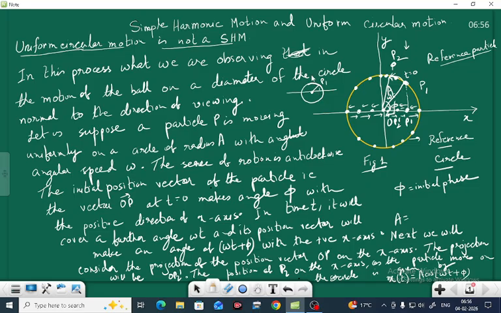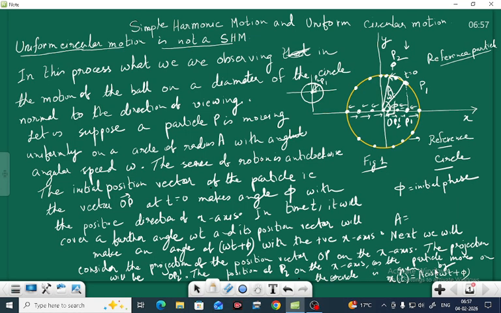If this particle, this is the y-axis, goes here, it will be P2. And the projection of P2 will be here. This is the position vector. So this angle is omega t plus phi and this radius is a. So the projection is a cos(omega t plus phi). So this distance, that is x, is equal to a cos(omega t plus phi).